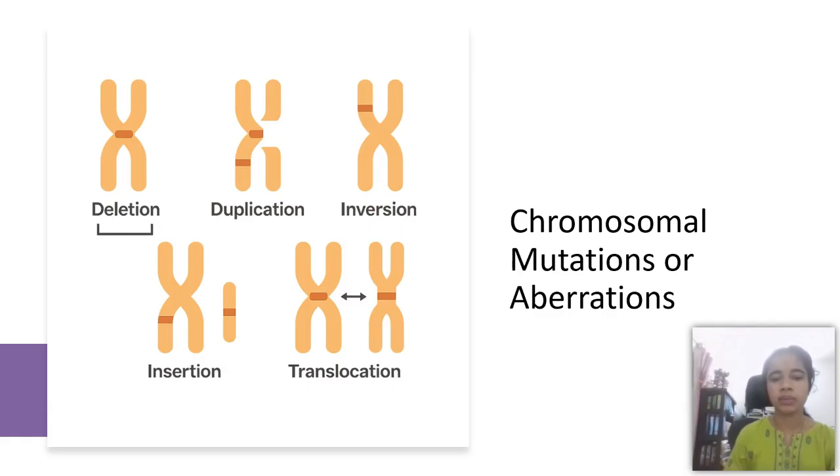Duplication can repeat them. Inversion can flip them. And translocation can swap segments between chromosomes. So each tiny change in structure can shape how a person develops, grows, or functions, making chromosomal aberrations one of the most exciting and fascinating chapters in genetics.